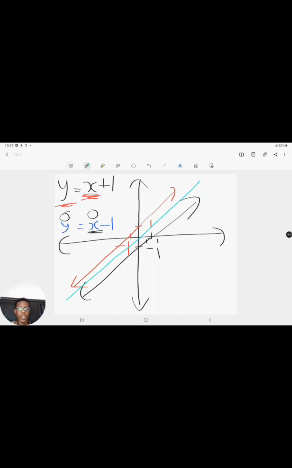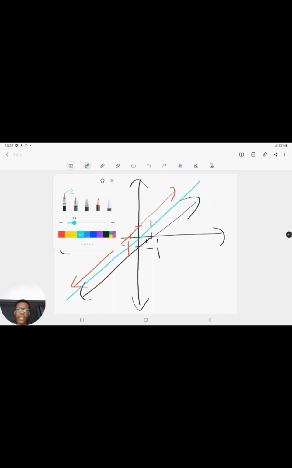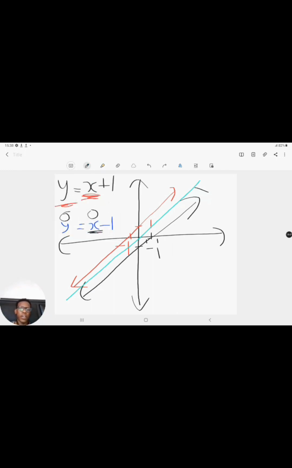So this red line is looking at itself in the mirror, and it's seeing that black line there. So it's reflected about that line there. And what is that line? Well, this line is the y is equal to x line. That's the equation of that line.